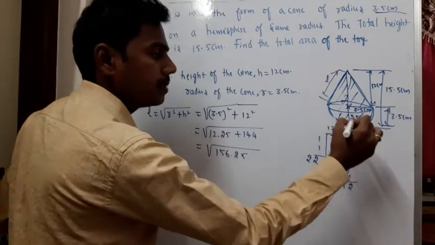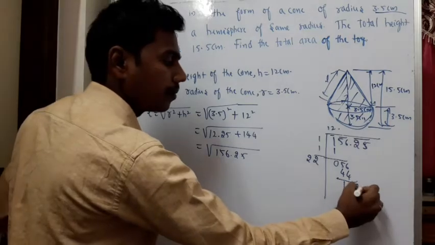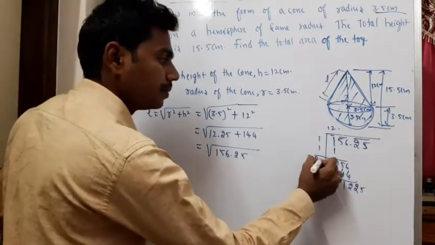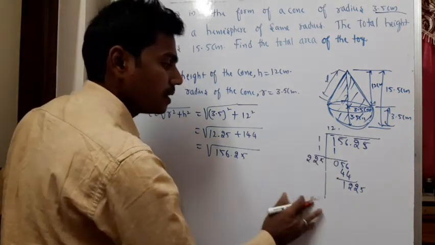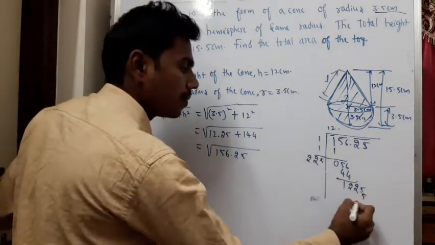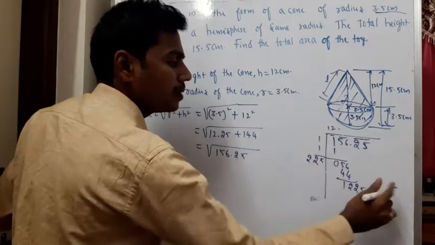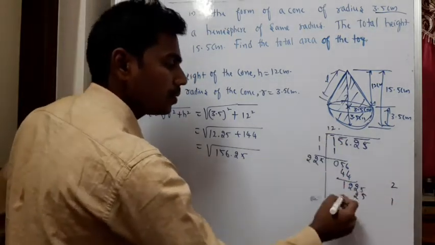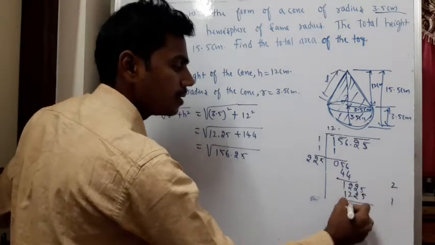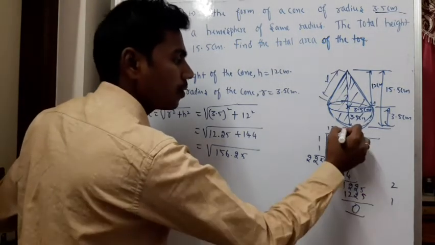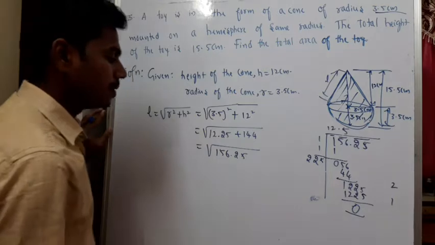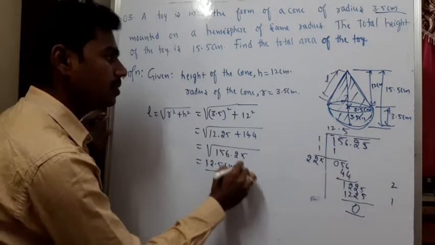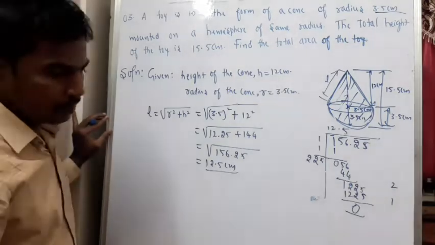Next I need to place decimal here. I need to take 25. 225 5s are, 5 5s are 25. 2 carry. 5 2s are 10 plus 2, 12. 1 carry. Again 5 2s are 10 plus 2, 12. That is 0. So we can conclude here 225 5s are. So this is 12.5 centimeter because all the dimensions are in centimeter.